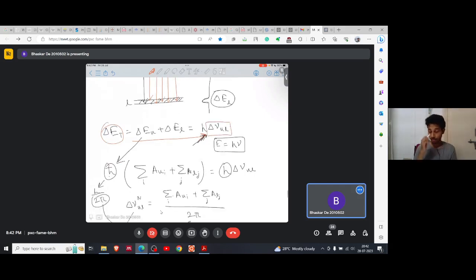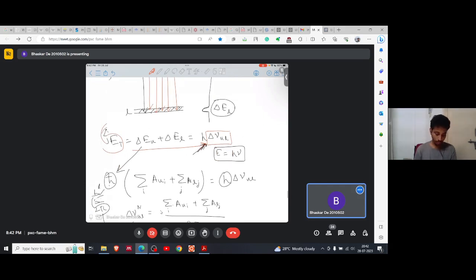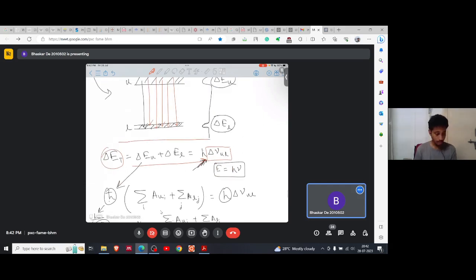So basically when we are talking about a 600 nanometer laser, it will not be a 600 nanometer laser perfectly, it will always have some kind of broadening. So if we plot it here, it will give us this kind of broadening, and this particular thing is known as delta nu ul.